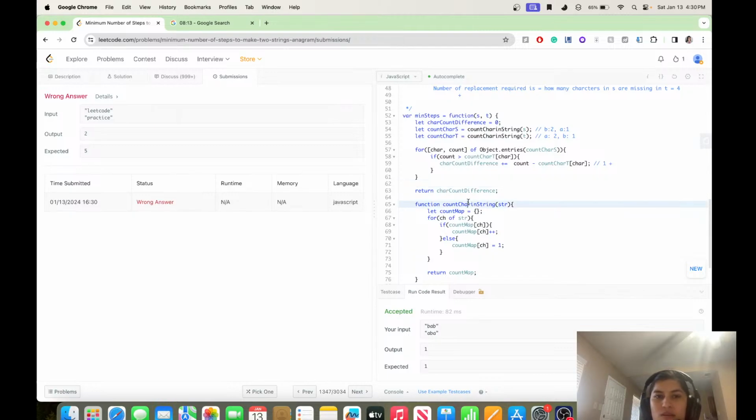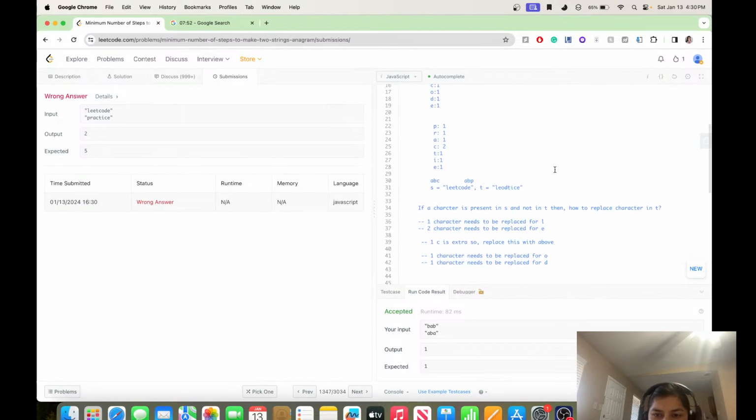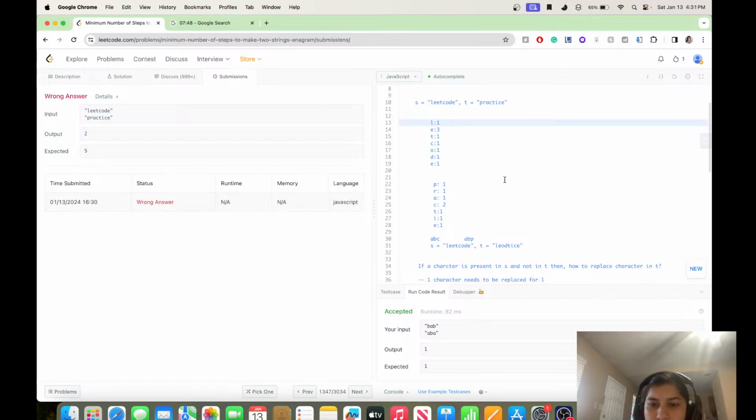I don't know if I should laugh or cry. Count is greater than count character T character, right? So this would be greater. I'm thinking. One is greater.